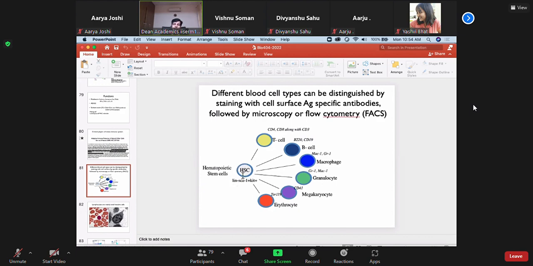Now if these cells further differentiate into one lineage or the other, all these molecules are your lineage determinants. For example, CD3 is present on all T cells, so you would call this molecule a lineage marker. Same is the case with B220.